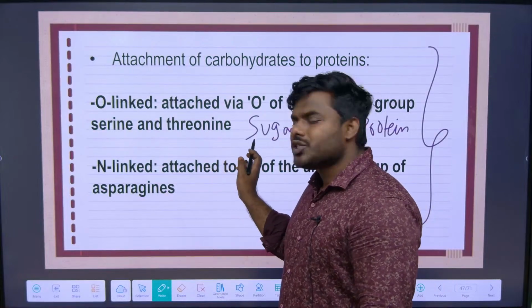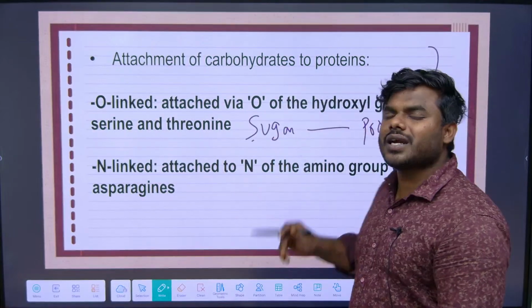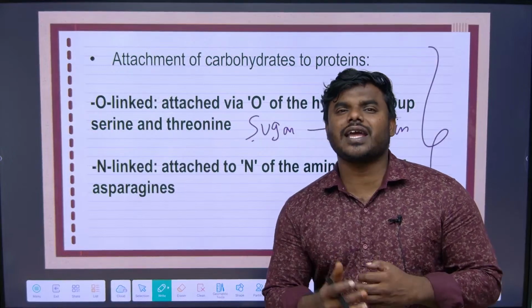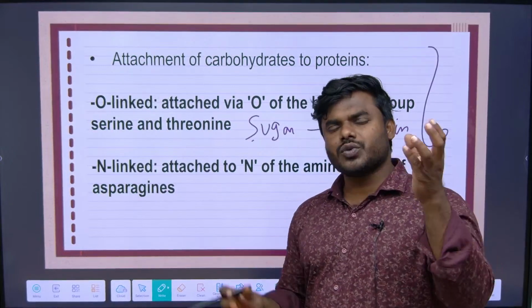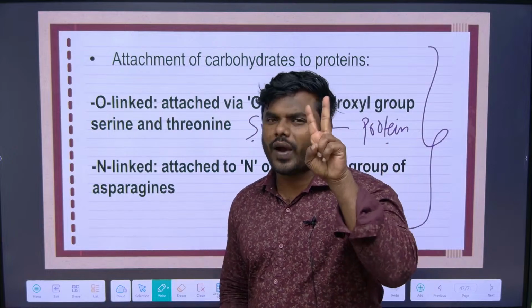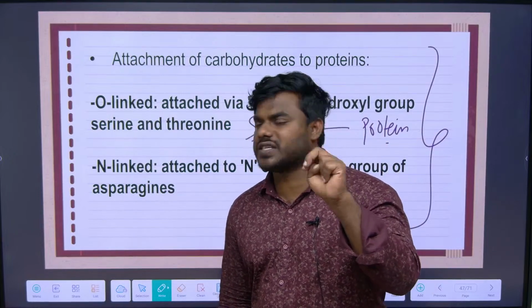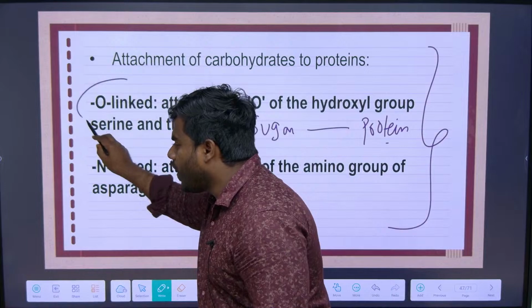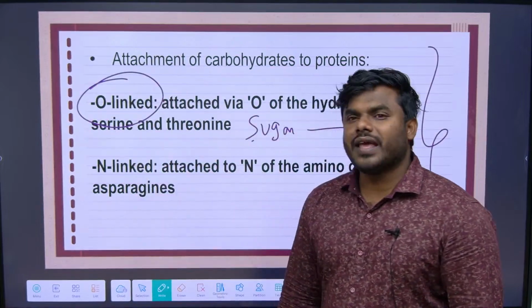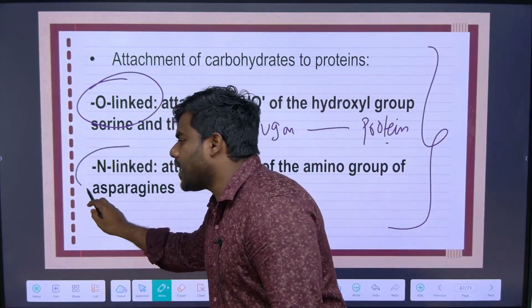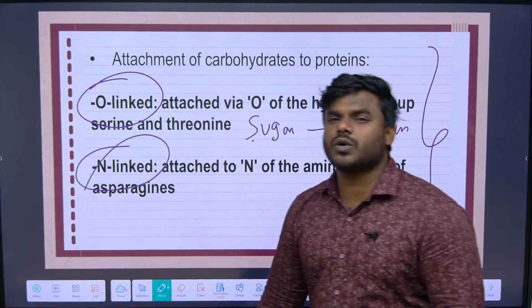How can sugars be attached to the protein? What is the type of linkage? All the sugars can be attached to the protein via only two types of linkages. One is O-linked glycosylation, and the other is called N-linked glycosylation.